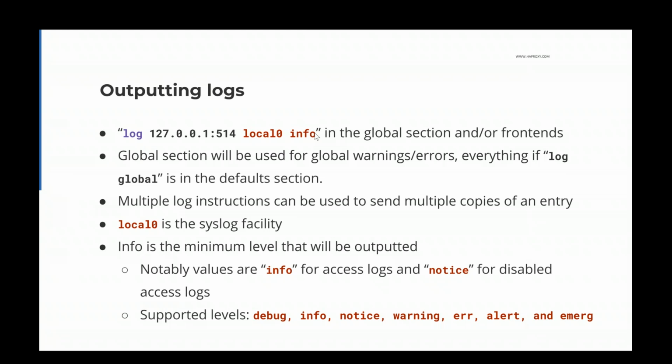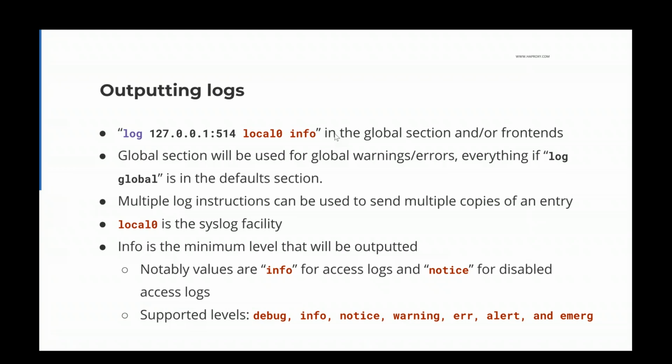So info will send access logs. You can have a separate one set to notice, for example, so one of them only gets more important messages, and access logs will get sent to a specific facility, or specific syslog host, depending on what you're doing.